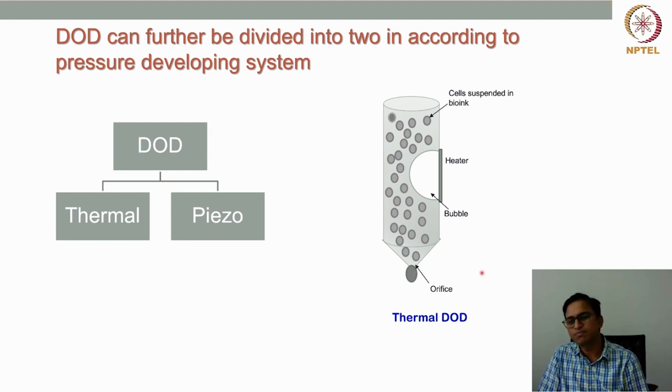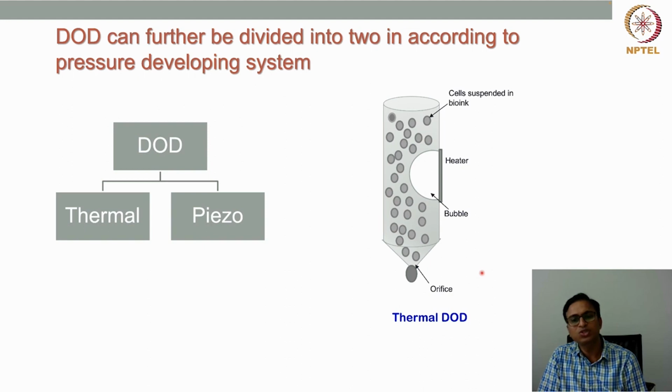So droplets of any size, anywhere between 30 to 80 micron, can be very well produced with this printing technology. But because of this very tiny, very fine orifice size like 50 micron, there can sometimes be nozzle clogging.